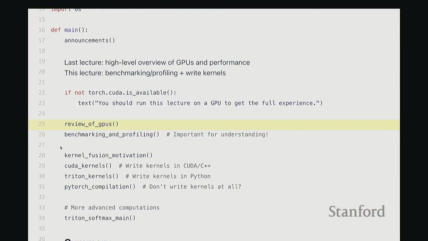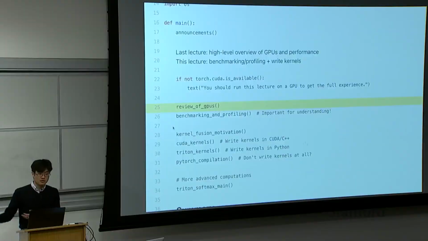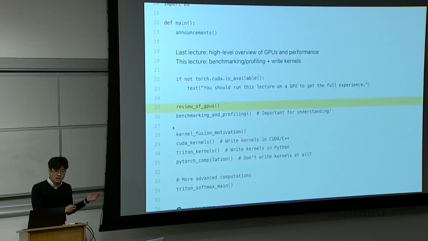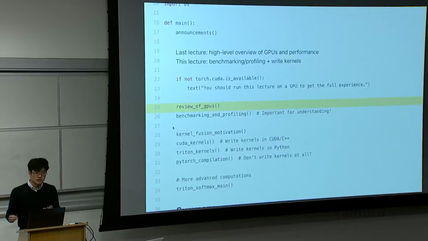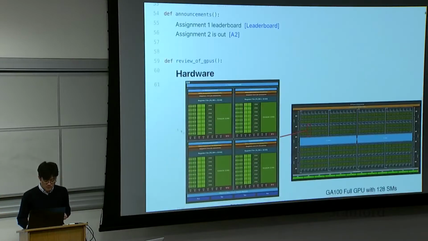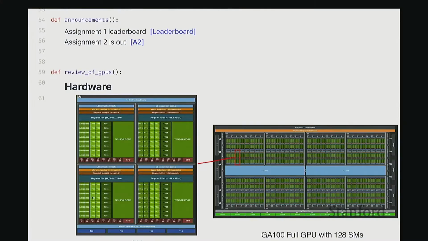Yes? What was the function of warp? What was the function of, sorry? Warp. A warp is essentially a group of threads that get executed together. And the reason why warps exist is that they reduce the amount of control machinery that's needed. Because you're executing all these threads at the same time, you don't need a control thing for each thread. You need them for blocks of 32. And so you see, for example, there's a lot more compute units than there are warp schedulers.